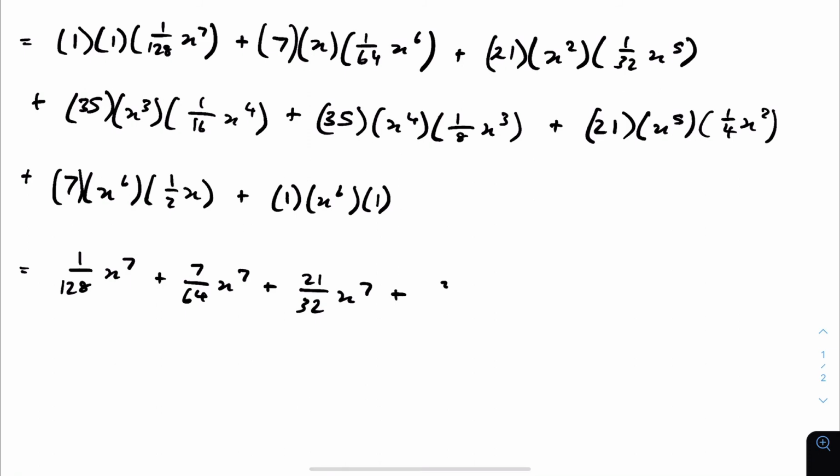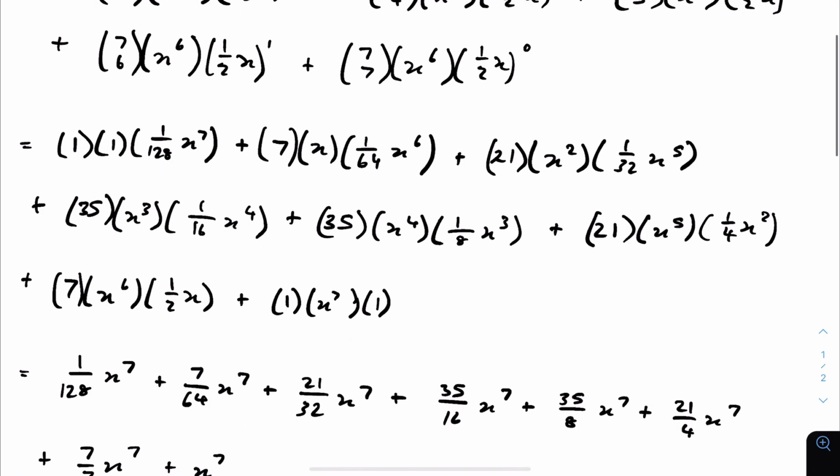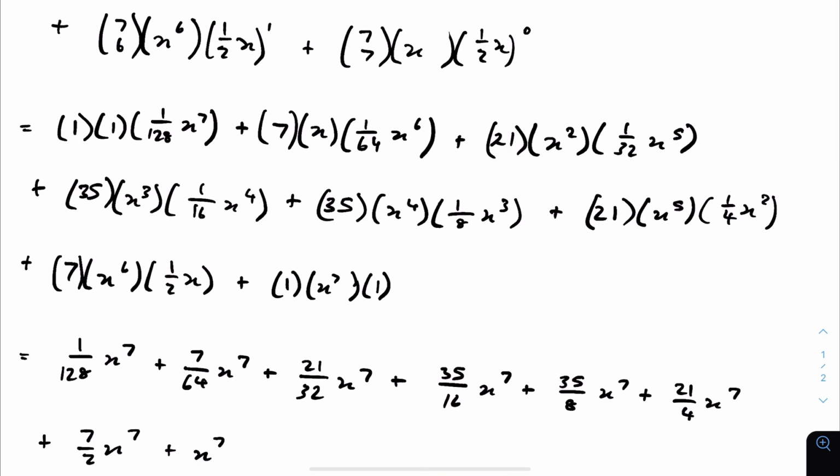Plus 35 over 16 x to the power of 7, plus 35 over 8 x to the power of 7, plus 21 over 4 x to the power of 7, plus 7 over 2 x to the power of 7, plus x to the power of 7. Sorry, I just realized that this over here is an x to the power of 7. I misread it because I wrote it down wrong over here.